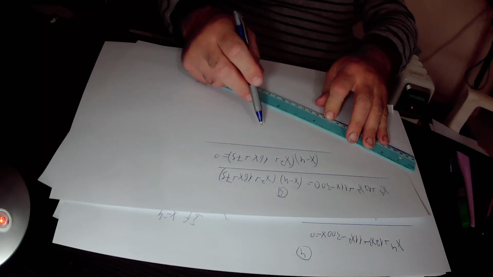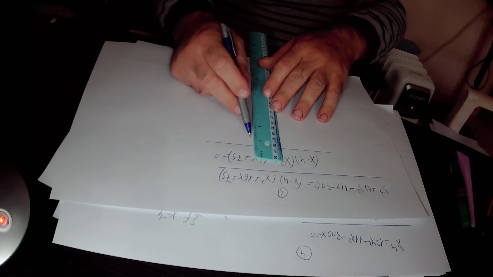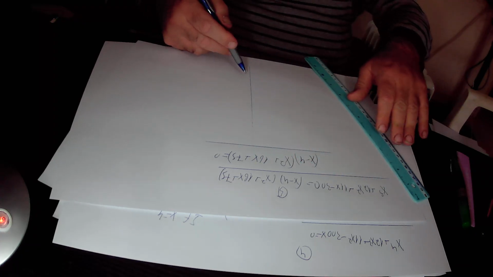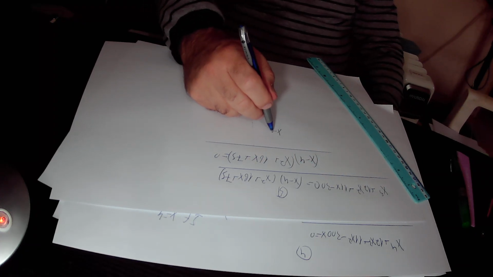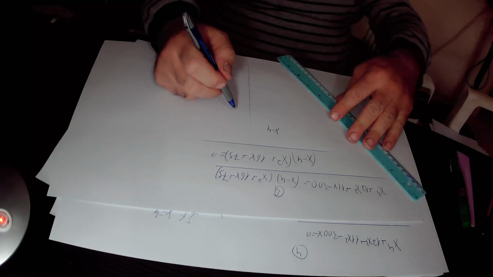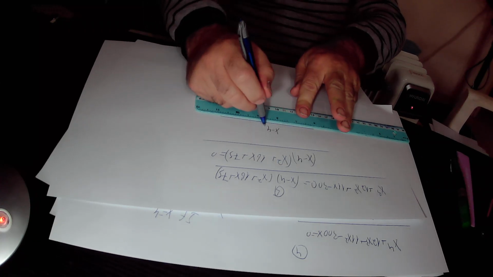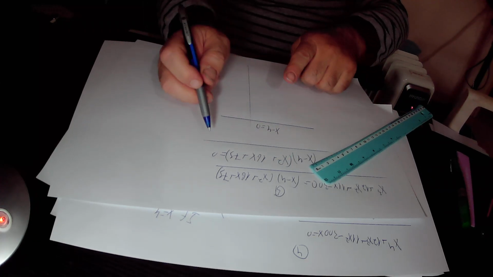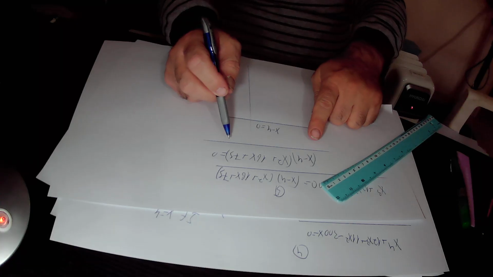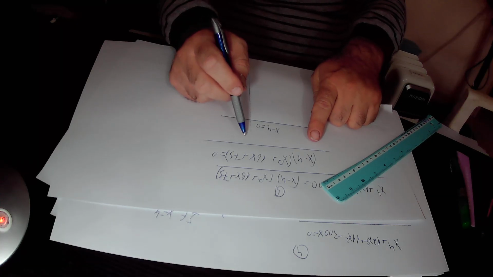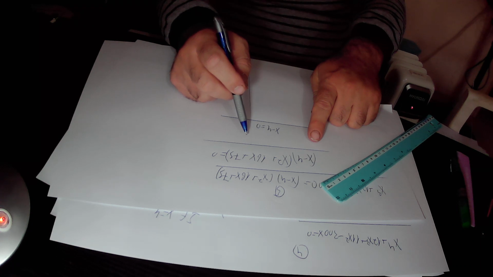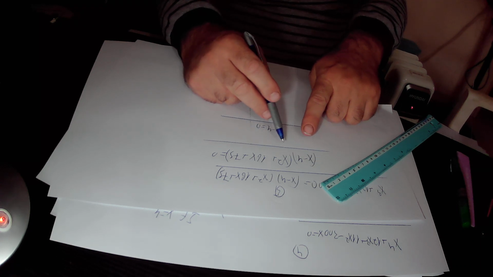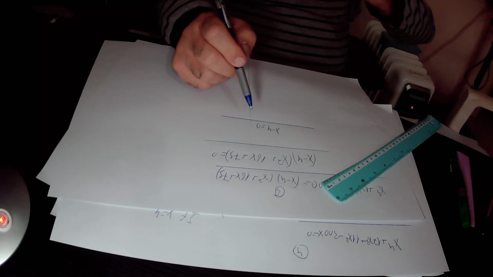So, what is the solution of this expression? Either x minus 4 equals 0. If x minus 4 equals 0, then 0 times anything is 0, so 0 equals 0.